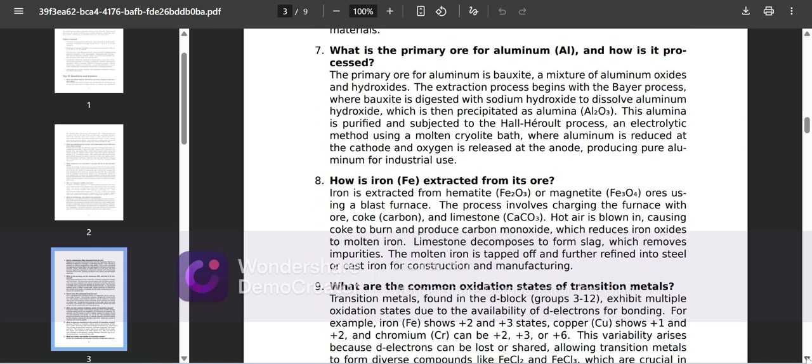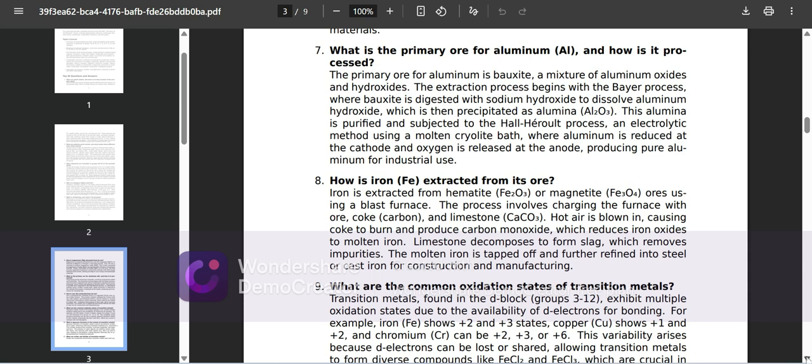What is the primary ore for aluminium, and how is it processed? The primary ore for aluminium is bauxite, a mixture of aluminum oxides and hydroxides. The extraction process begins with the Bayer process, where bauxite is digested with sodium hydroxide to dissolve aluminum hydroxide, which is then precipitated and heated to give alumina, Al2O3.